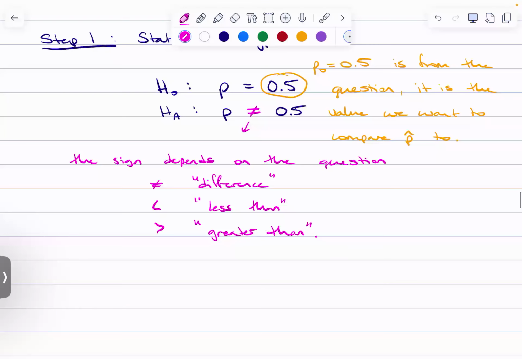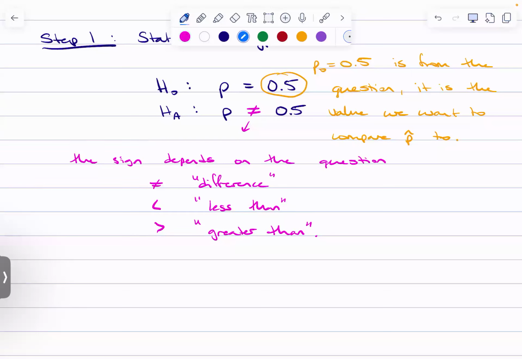So when we're talking about a difference, then we call this a two-sided test. I don't care which tail it's heading into, the lower tail or the upper tail. It'll be in one of the tails, right? But I don't care which one.